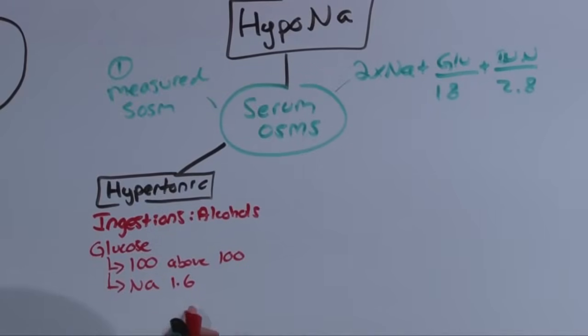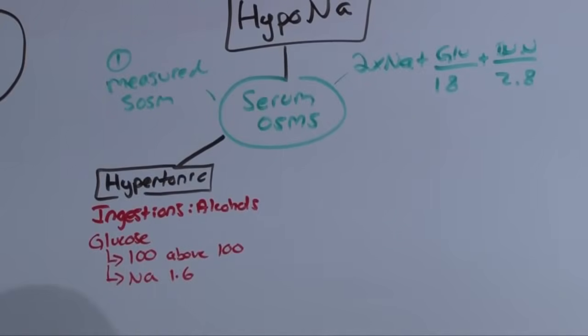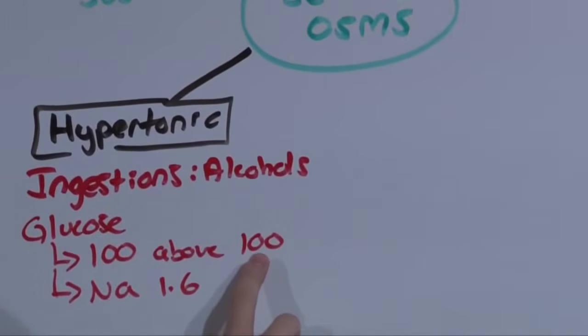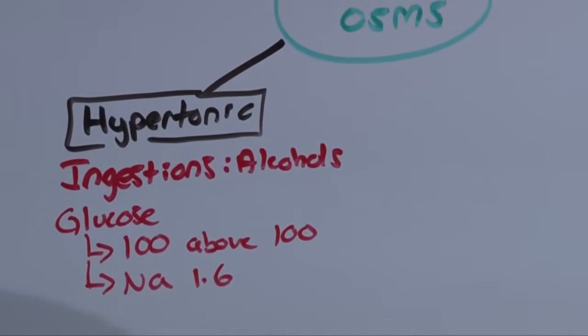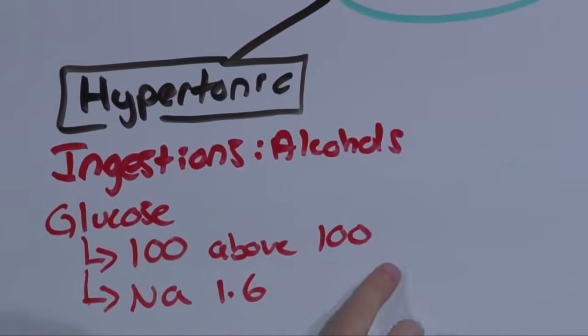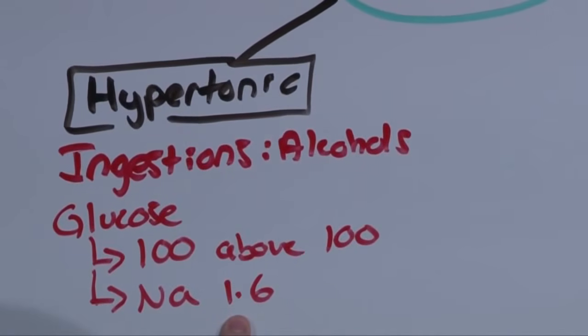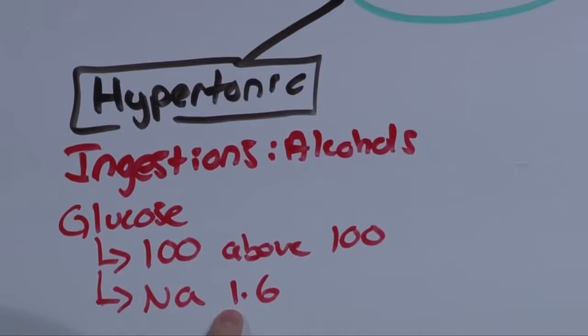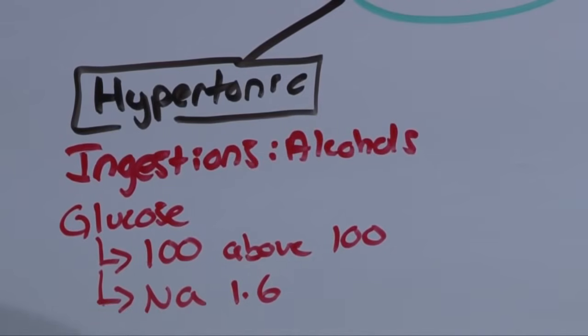Let's just do an example so this becomes more concrete. If the glucose is 1,000, it is 9 hundreds above 100. That means you should correct the sodium by 9 times 1.6. 9 times 6 is about 54, and 9 times 1 is 9, so correct by about 14 or 15 sodiums back on.